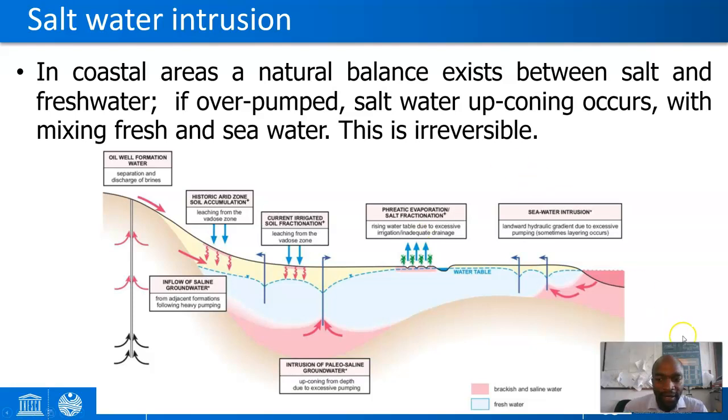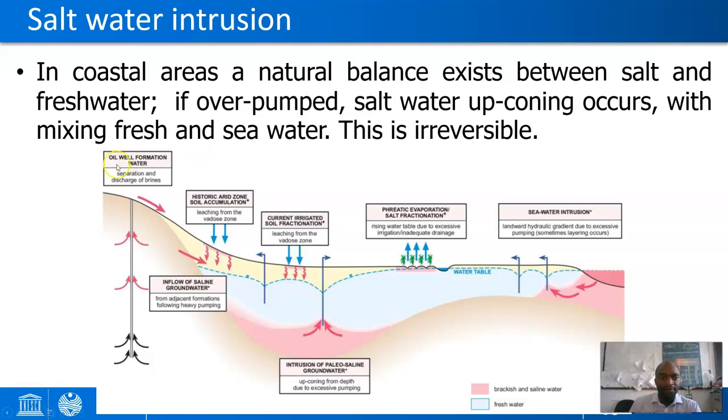And you can see a very clear situation here where, because of density, the salt water tends to be at the bottom, tends to sink. But the minute you introduce pumping and you go past this balance, it means that you're going to introduce some upconing of some sort, which inevitably contributes to increased salinity from a coastal situation.